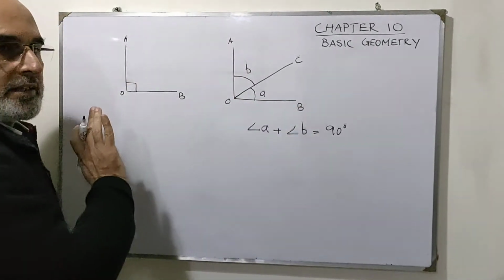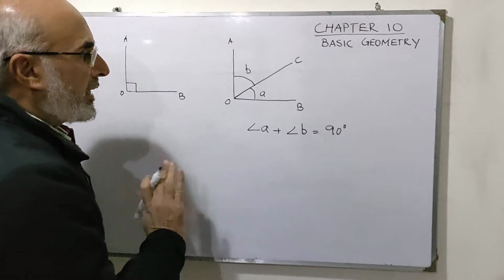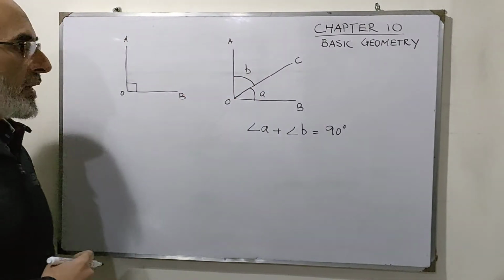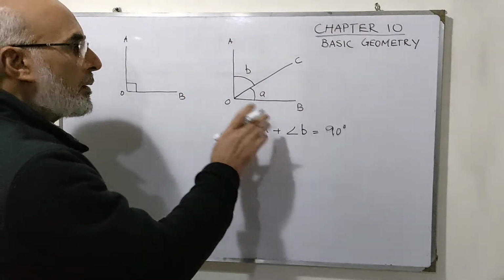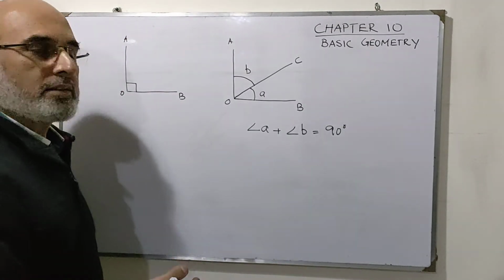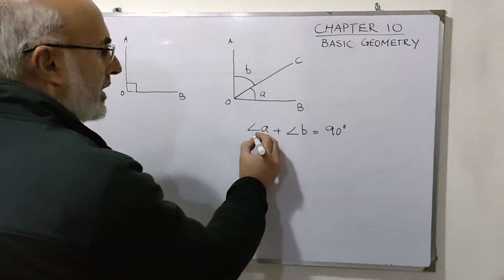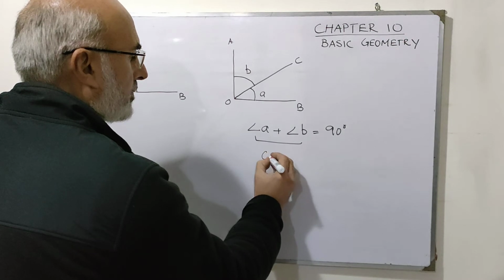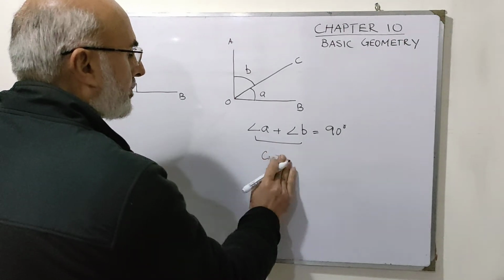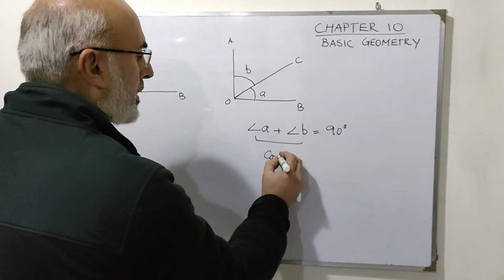because angle AOB is 90. If there is a 3rd line, we have a pair of angles now, which is A and B, but the sum of this pair is equal to 90 degree, and these angles are called complementary angles.